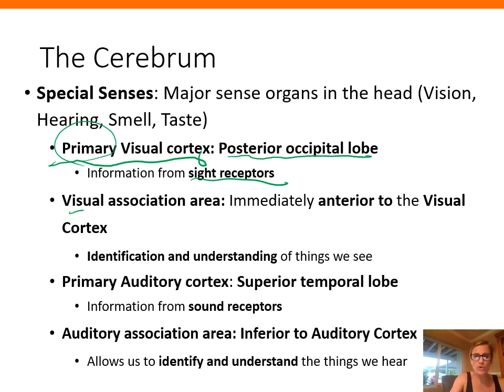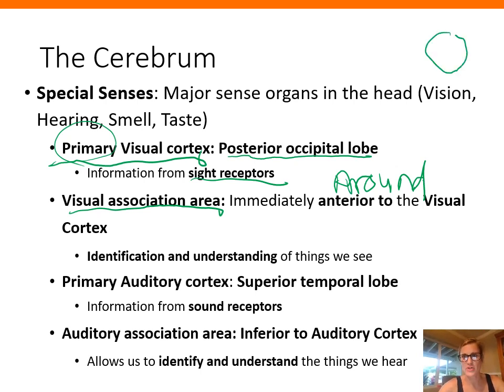The visual association area is just in front of, and really it kind of wraps around the visual cortex. So the way it looks is we have the primary visual cortex in the very back of the brain, and then the vision association area kind of goes around it like that.